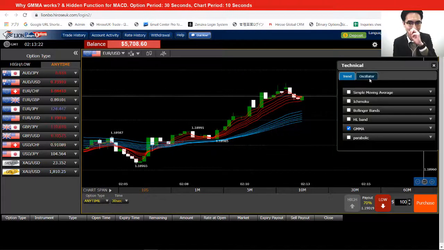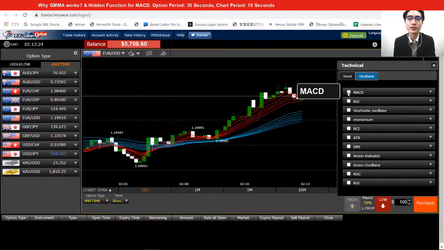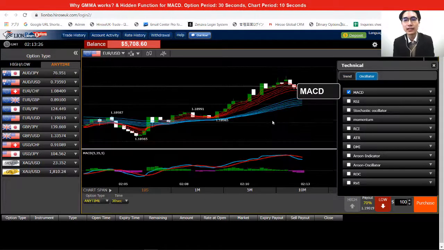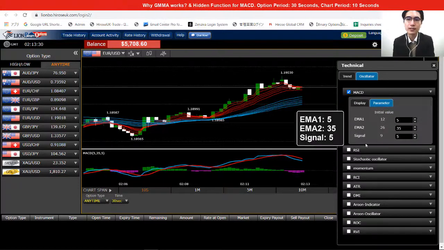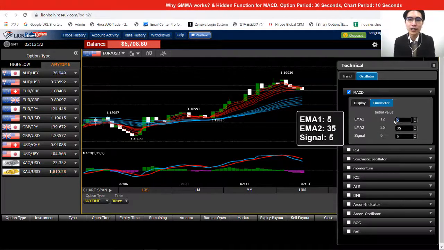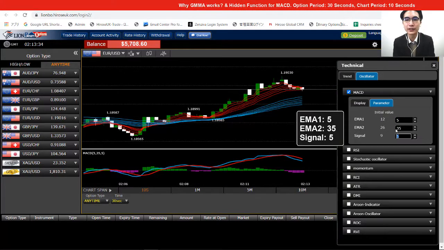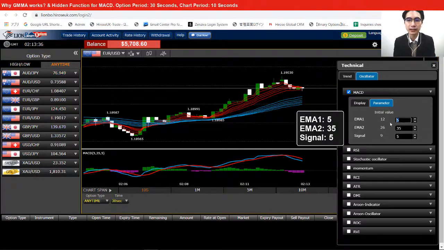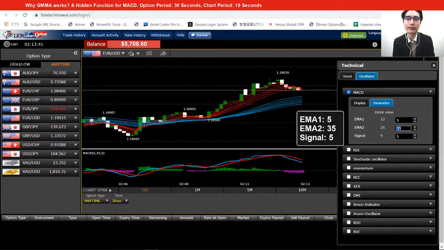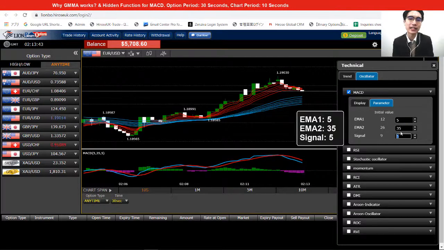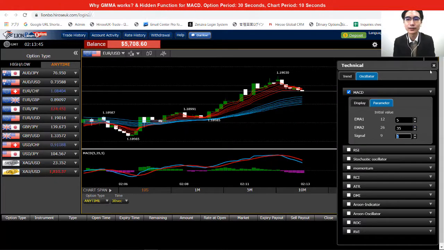Next we'll go to oscillator, and then we'll choose the MACD. Now we can open the drop down for MACD. The parameters you're using are 5, 35, and 5. So again, EMA1 is 5, EMA2 is 35, and signal is 5. Now that we have this down, we can close the technical indicators window.